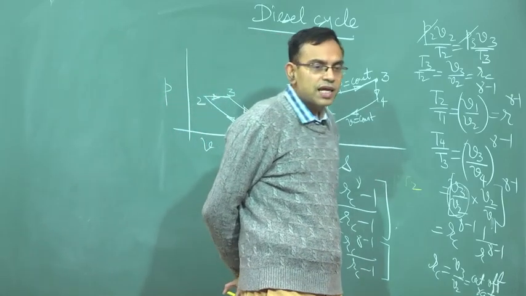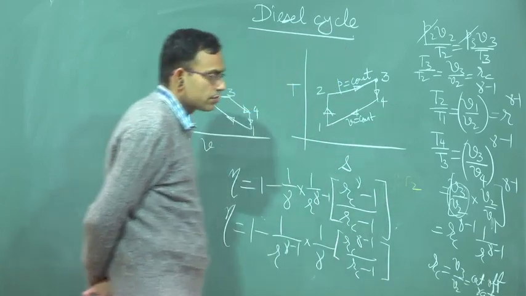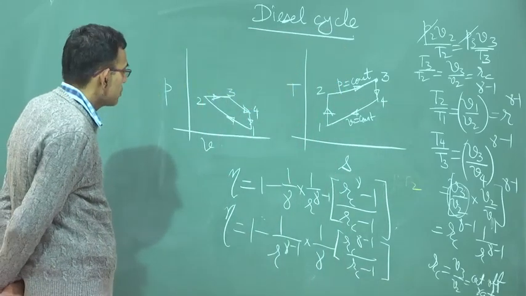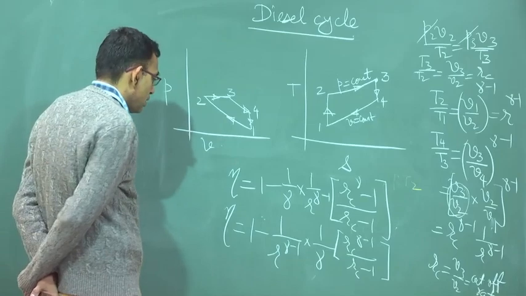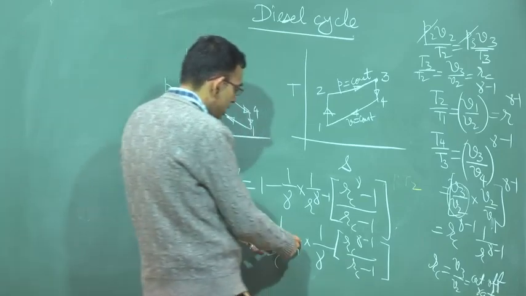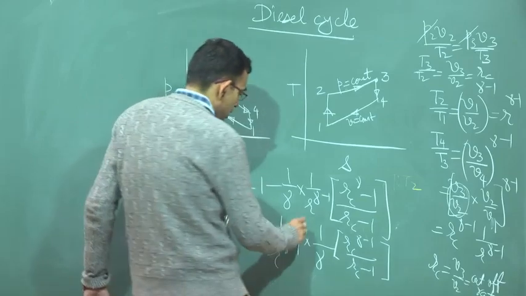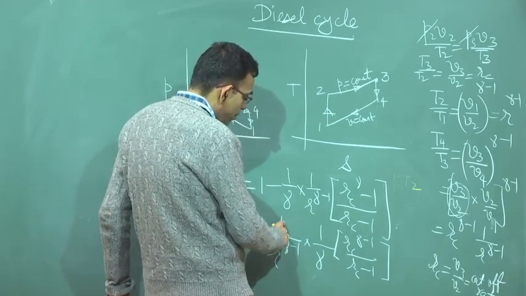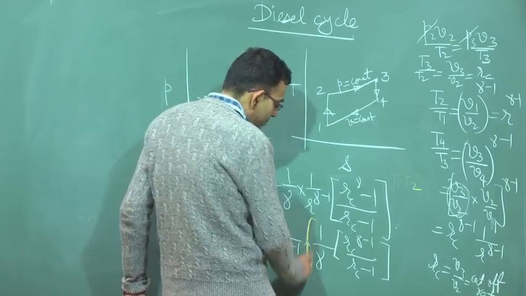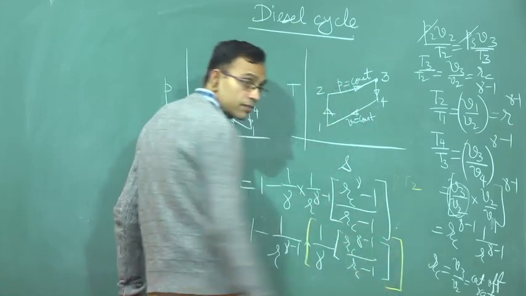For the Otto cycle, eta is equal to 1 minus 1 by R to the power gamma minus 1; this multiplier is not there.